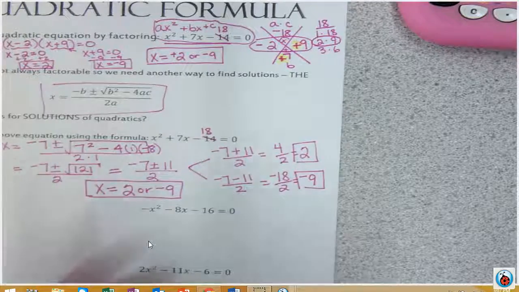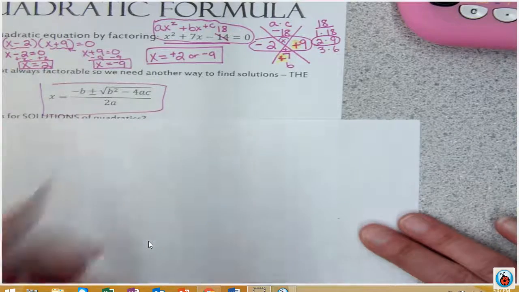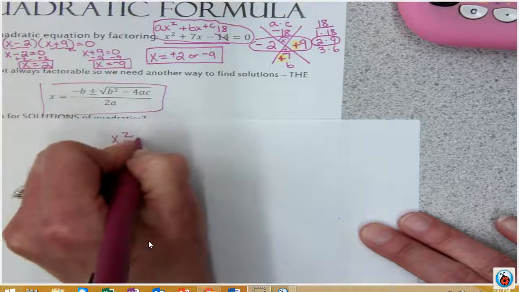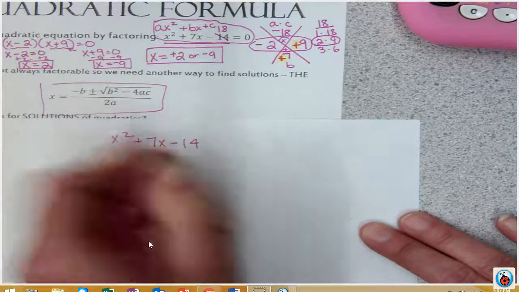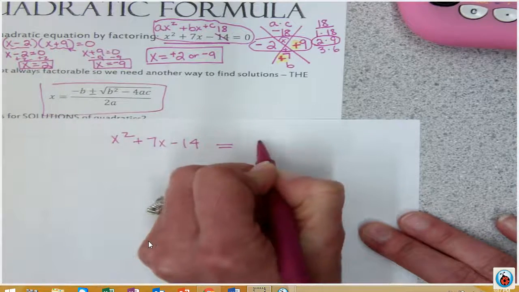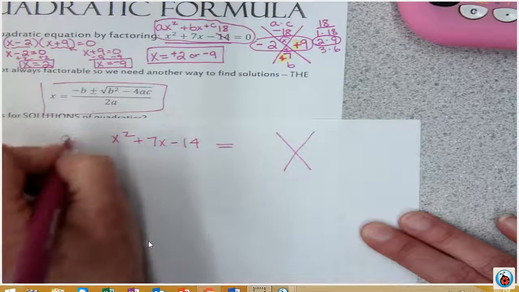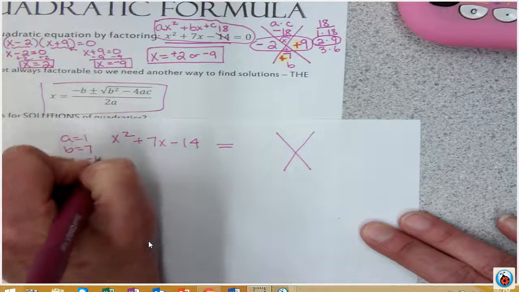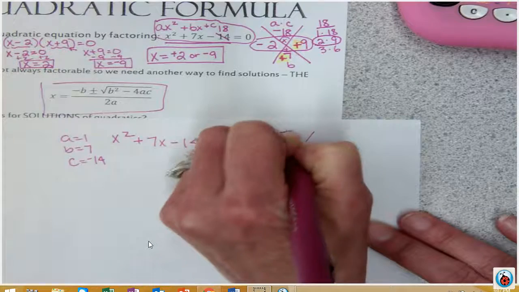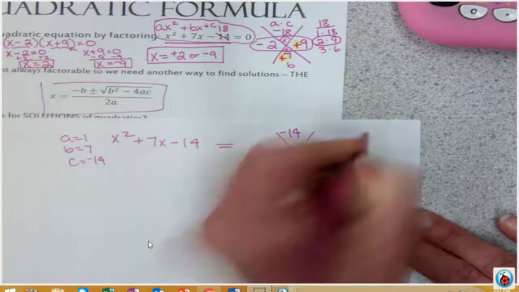So for an example, if we had used the original equation of x squared plus 7x minus 14, we would have said, all right, what numbers multiply? My A is 1, my B is 7, my C is negative 14. What two numbers multiply to give me negative 14 and add to give me positive 7?